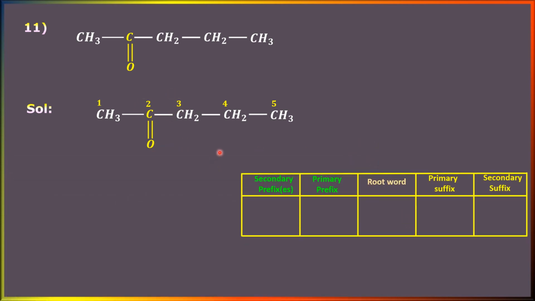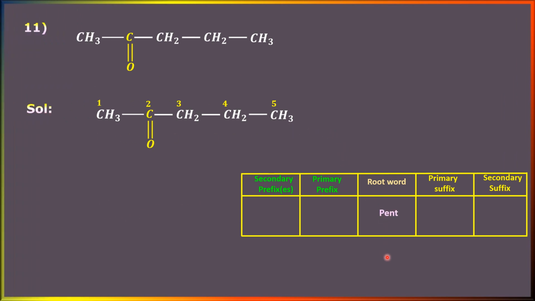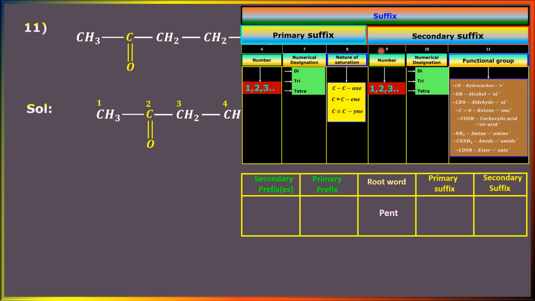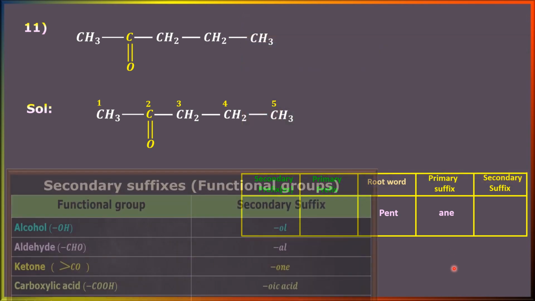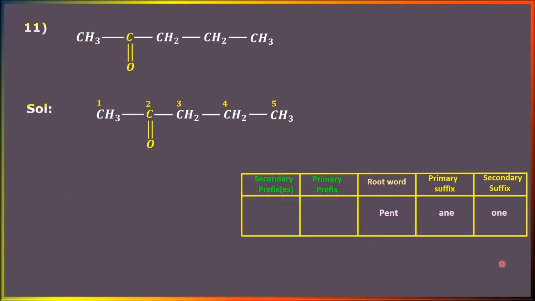Next, root word: 5 carbon atoms are there, so the root word is pent. Next, primary suffix: only carbon single bonds are there in the parent chain, so the primary suffix is ane. Next, secondary suffix: the ketone functional group is represented by the secondary suffix one.